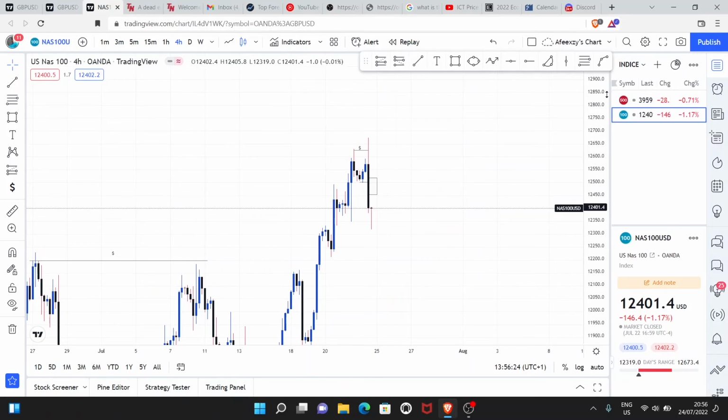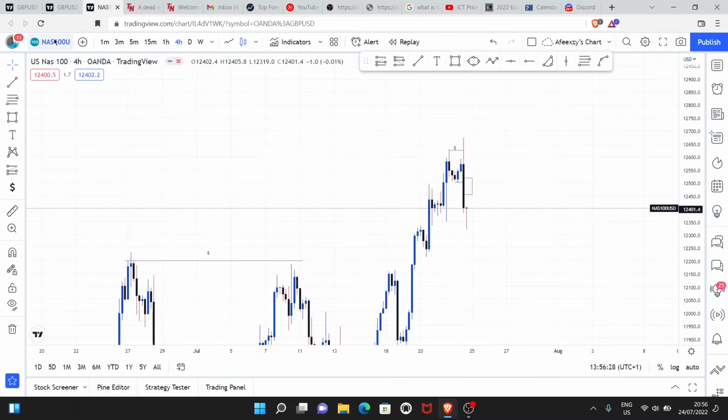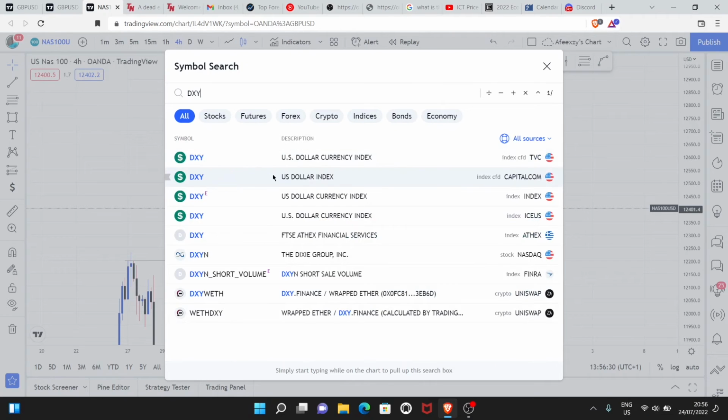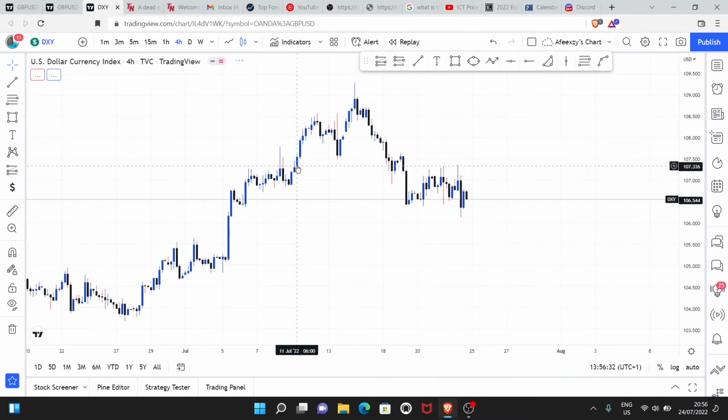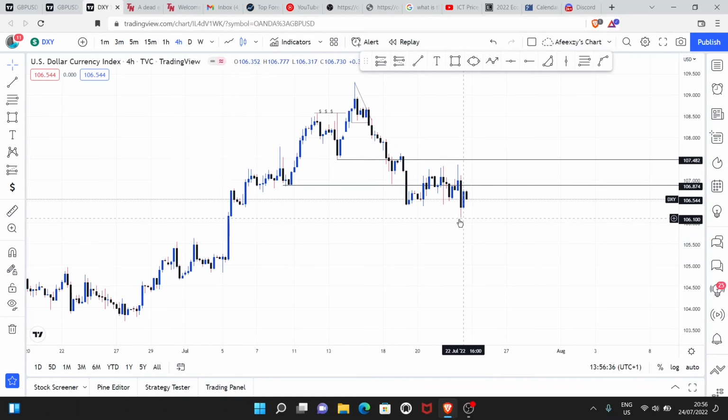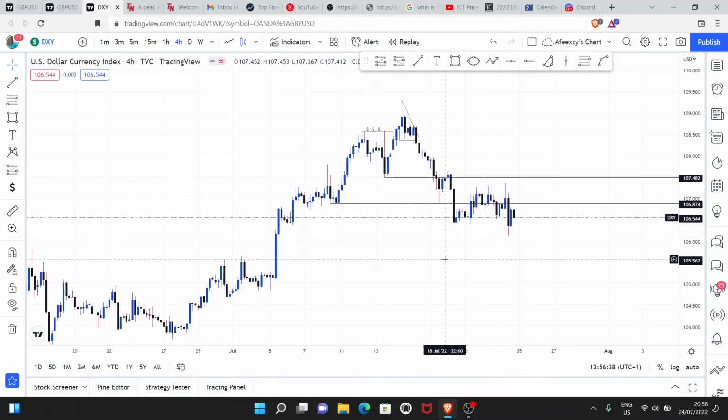Now let's go to our DXY. On our DXY, we could see a very nice move, as I said last week, that I'm bearish on DXY. DXY continued bearish, going down and attacking these lows as of last week that I said.